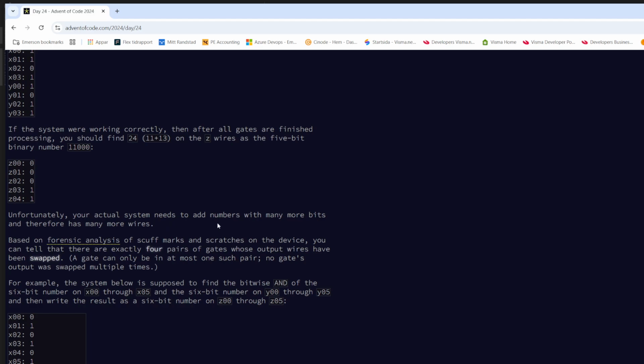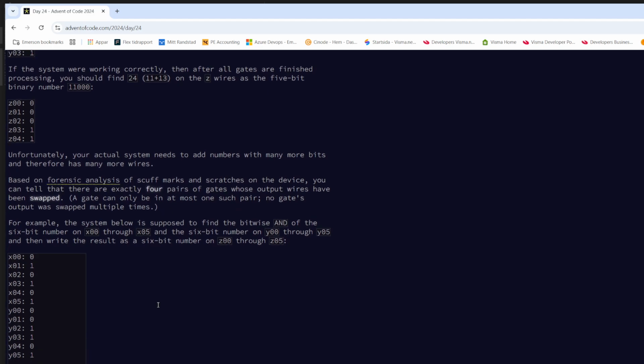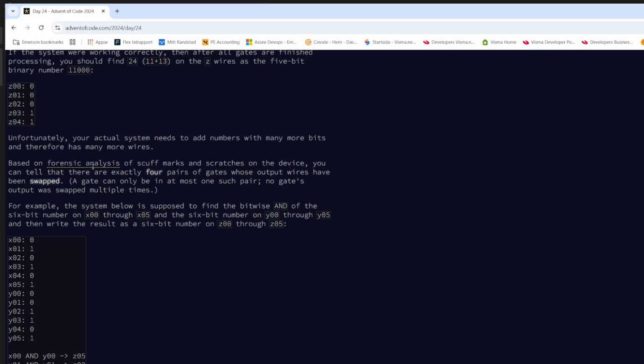Unfortunately, your actual system needs to add numbers with many more bits and therefore has many more wires. Based on a forensic analysis of scuff marks and scratches on the device, you can tell that there are exactly 4 pairs of gates whose output wires have been swapped. A gate can only be in at most one such pair. No gate's output was swapped multiple times.